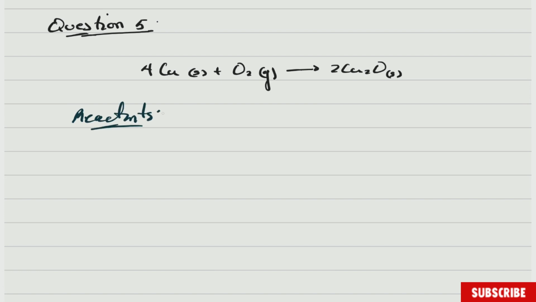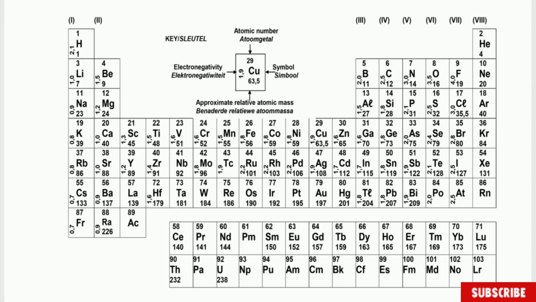So reactants, what do we have? We have 4Cu plus O2. So we are going to go to the periodic table, guys, and we're looking for the mass of copper. Copper is 63,5, and the mass of oxygen is 16. That is all we're looking for in the periodic table.